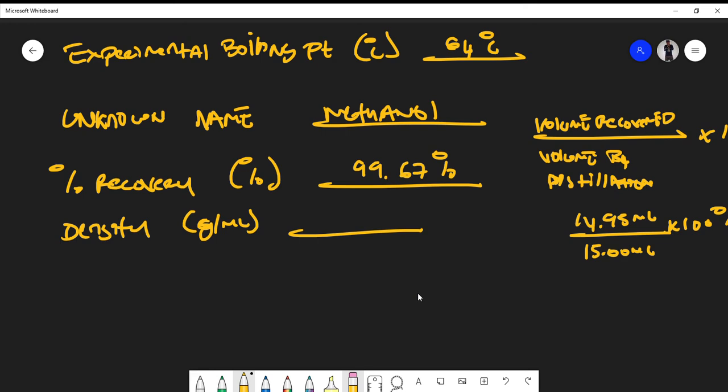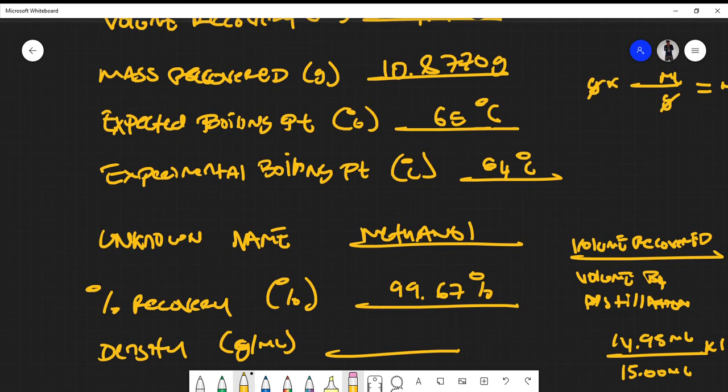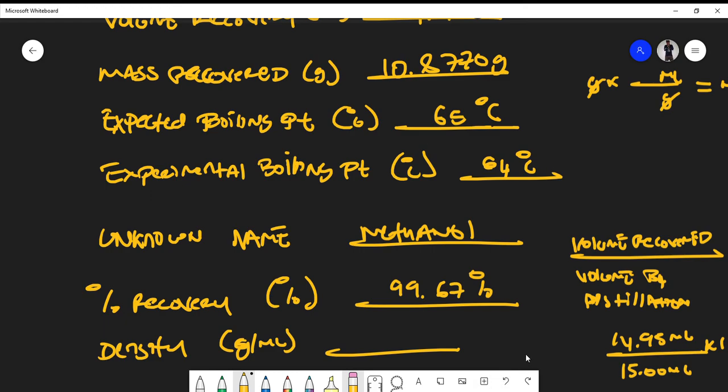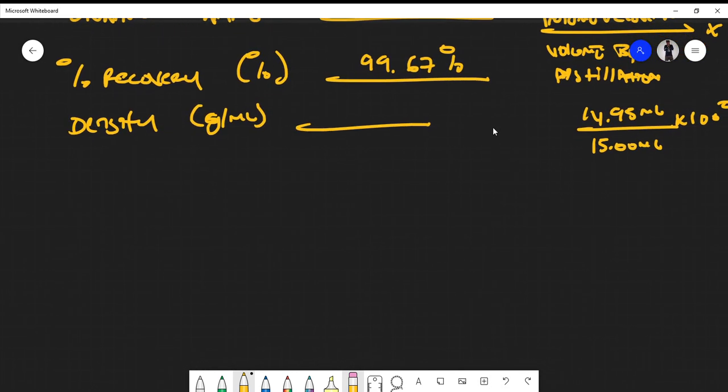How about the density? To calculate the density, that's simply the grams over the volume that you recovered. Going back to my table, the mass recovered was 10.8770 grams, divided by the volume recovered, which was 14.95 milliliters.